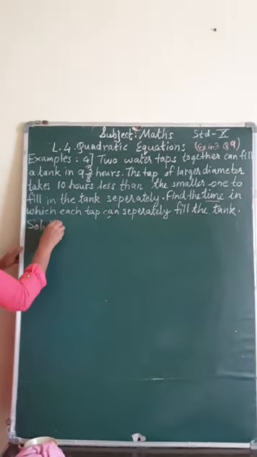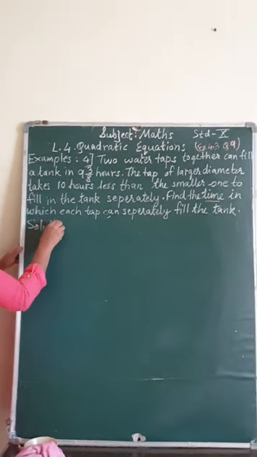So according to the question, our equation will be 9 whole 3 upon 8, which we can write as 75 upon 8 (8 nines are 72 plus 3, 75 upon 8), in bracket 1 upon x plus 1 upon x minus 10, is equal to 1 full tank. This is in terms of x and this is the 1 whole tank.